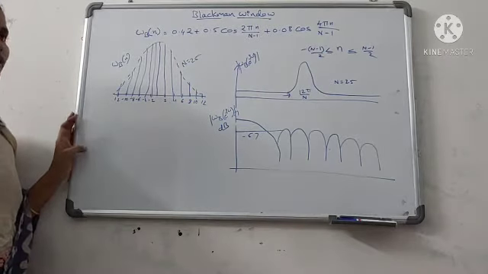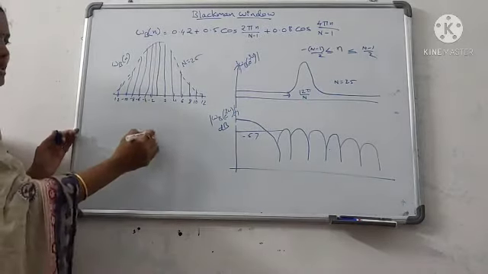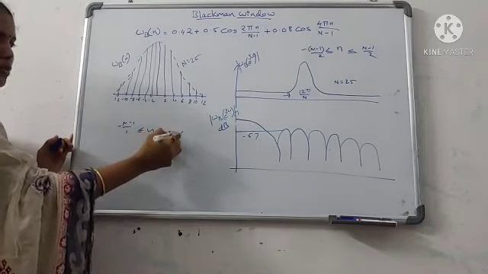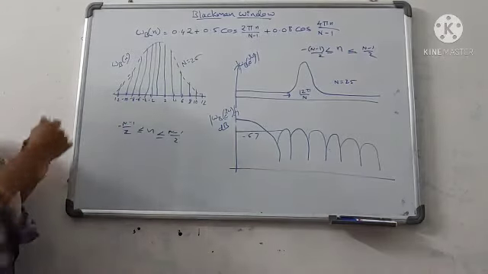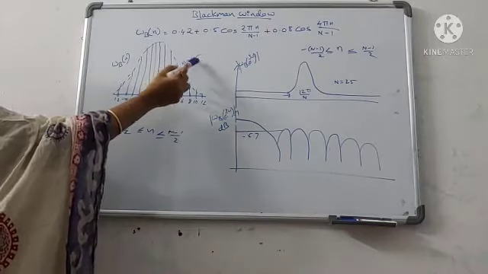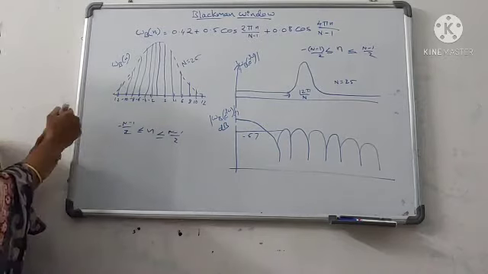Here the small n limits are from minus (N minus 1) by 2 to (N minus 1) by 2, and we take capital N equal to 25. This is the Blackman window.